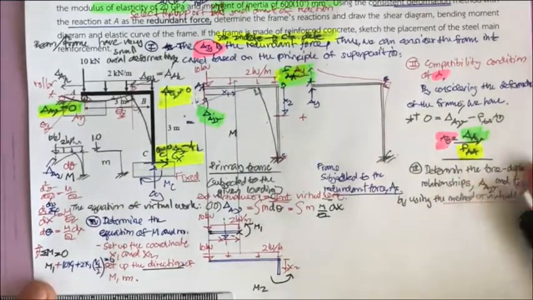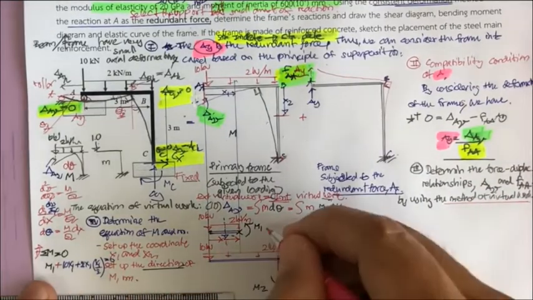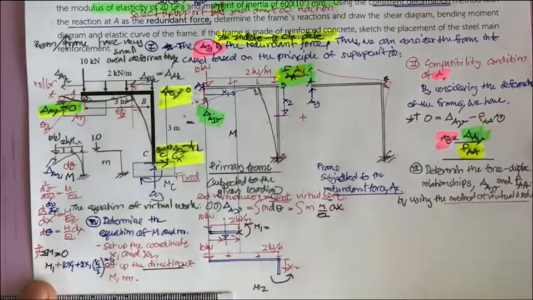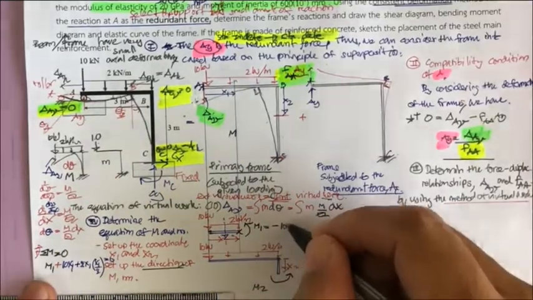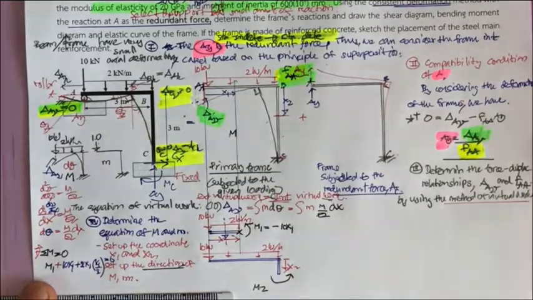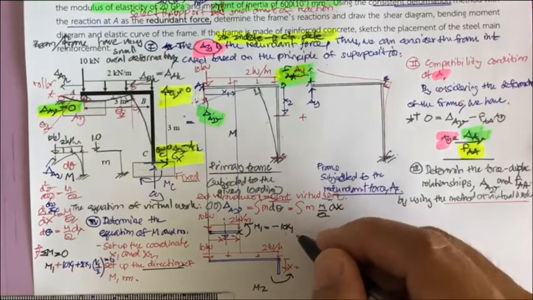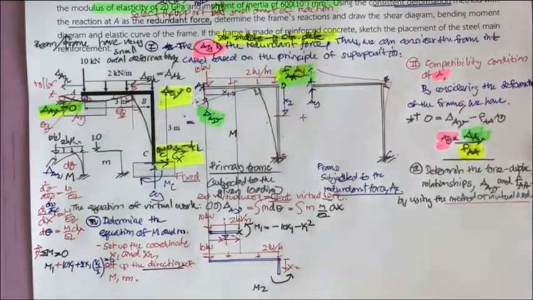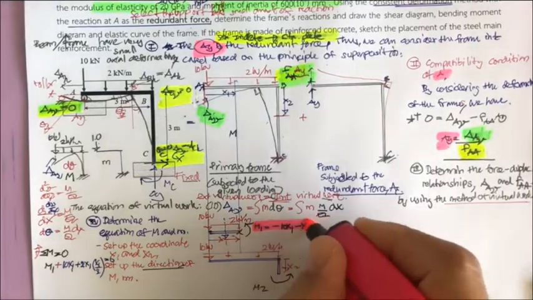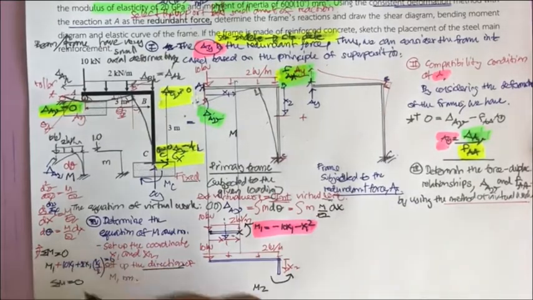So by doing this, just cut this one, you move this one. M1 is going to equal minus 10 x1 minus x1 square. That is the first equation for this M1. For this M2, again, summation of the moment equals 0.